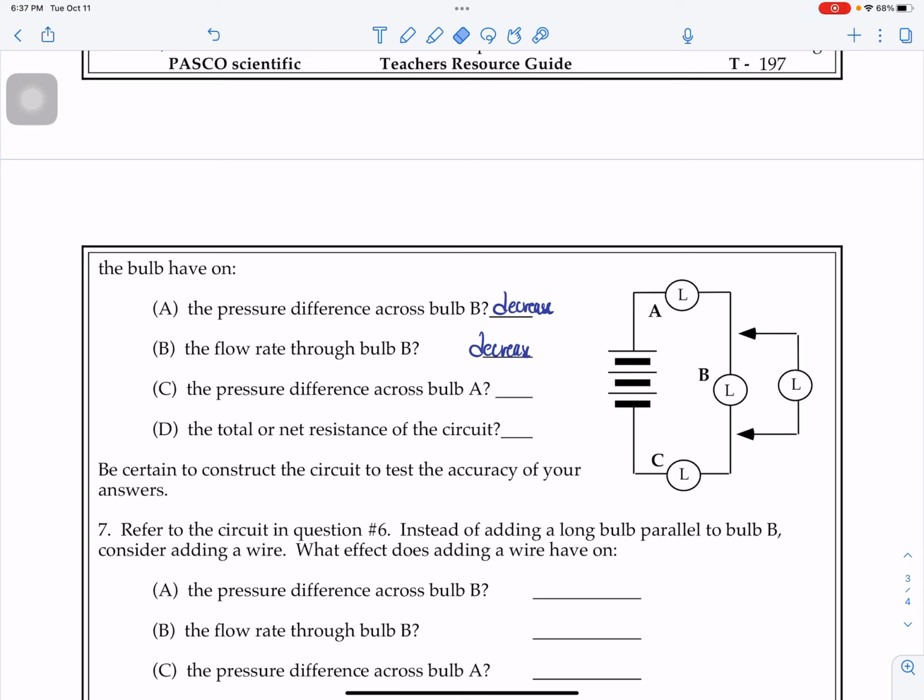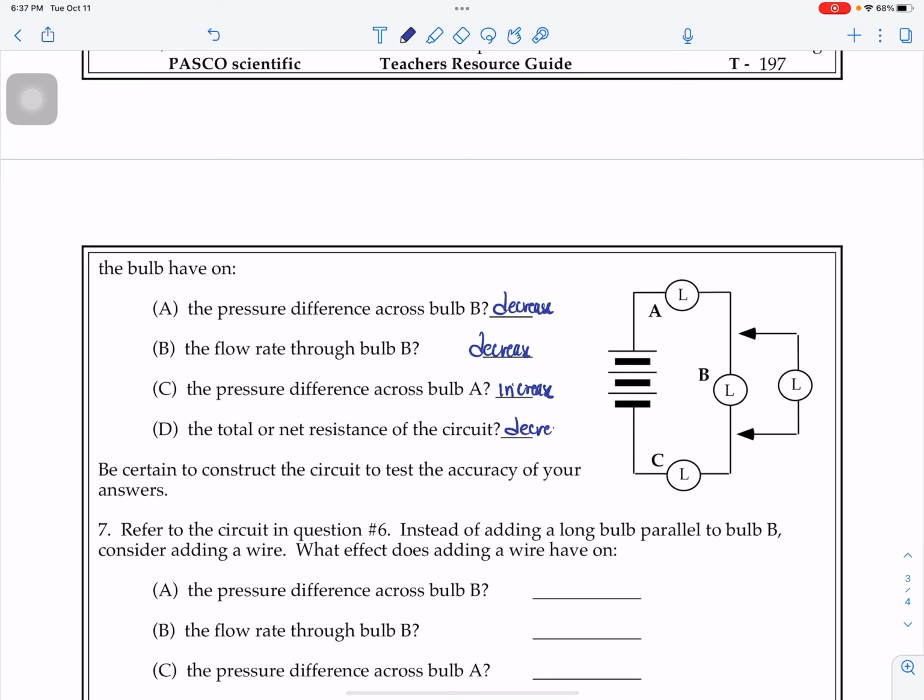C, the pressure difference across bulb A will actually increase, and this is because if I've got more flow through this parallel combination, that means I've got more flow through the circuit. And so that has to increase the pressure difference across bulb A. And then D, the total or net resistance of the circuit has decreased.